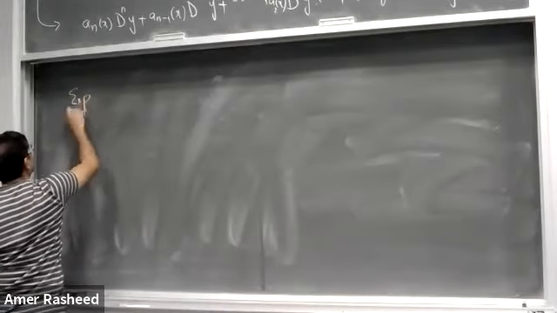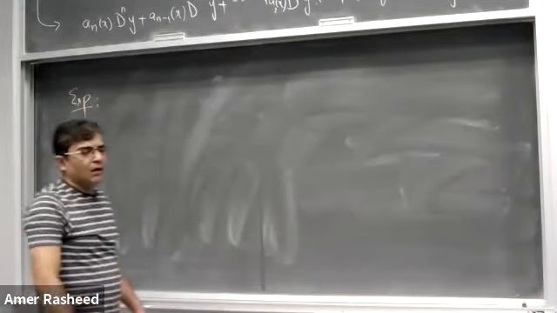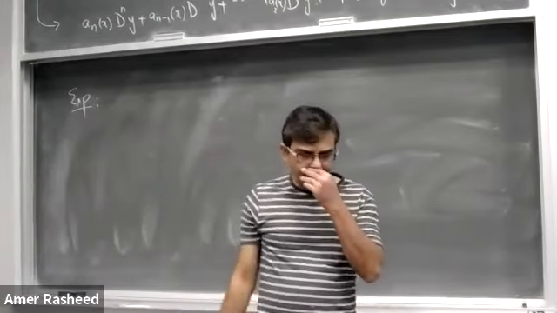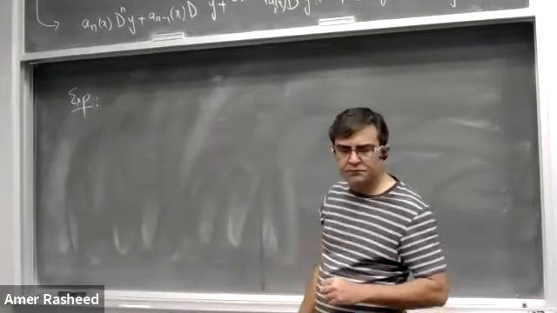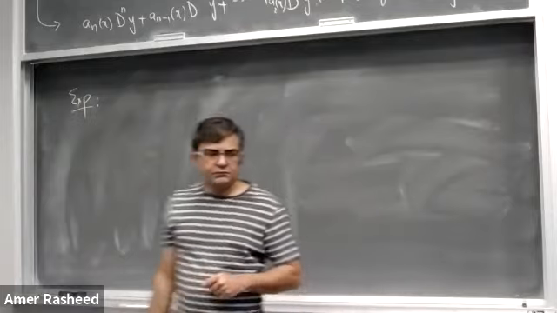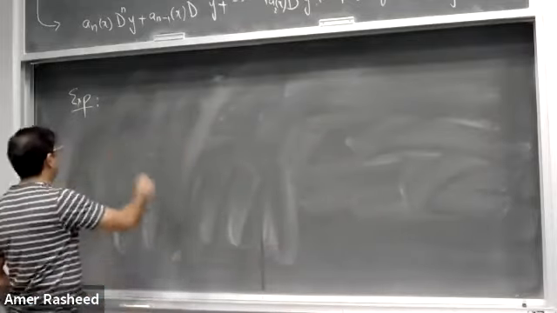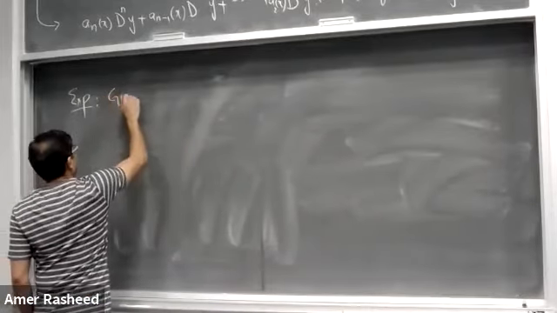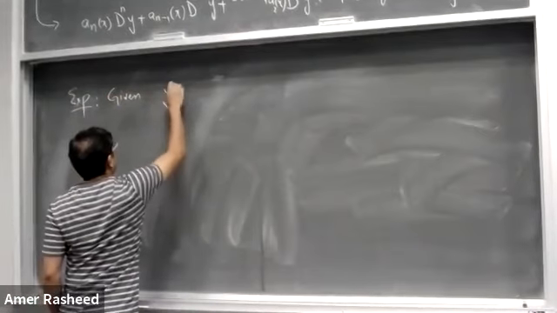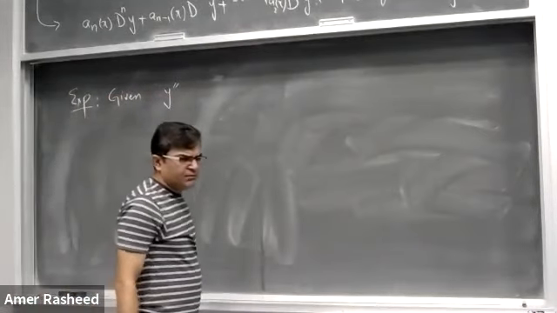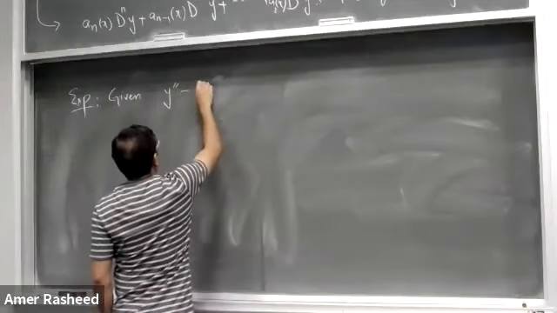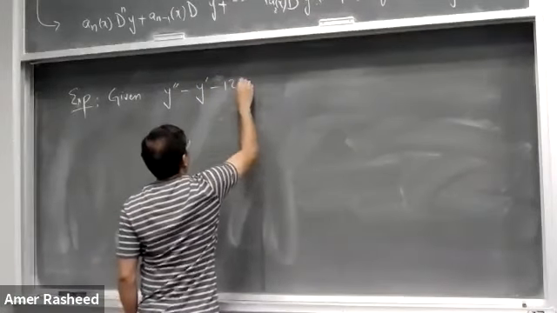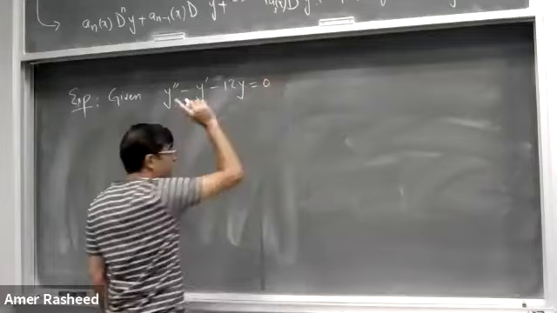Example. Given ODE is y double dash minus y dash minus 12y equal to 0. Homogeneous ODE.